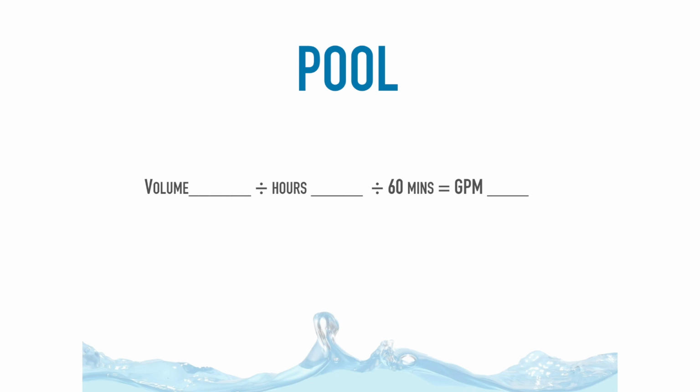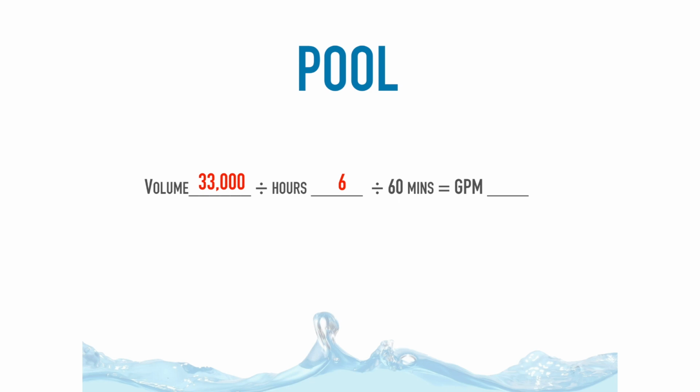On page 3 of your workbook, you're actually going to see a flow rate calculator. Feel free to use that in this situation. So let's take that 33,000 gallon pool. We'll plug that in the volume section. And now we need to divide that by our hours. How many hours do we need to divide this by if it's a swimming pool? If you said 6, that is correct. So go ahead and plug that 6 in there.